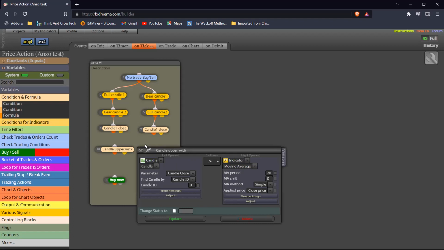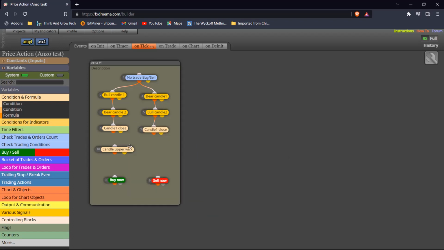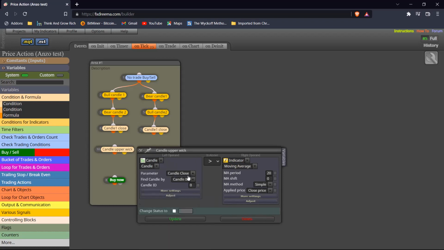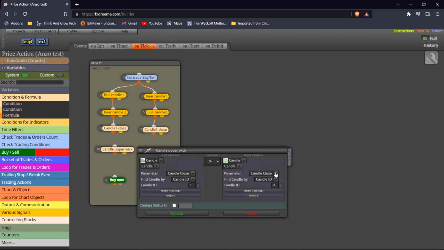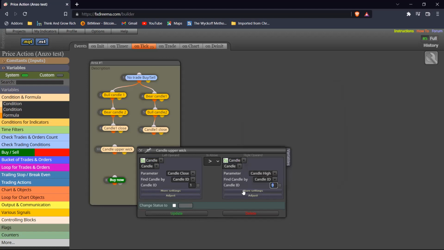Notice here, we're looking at candle one's close being greater than candle two's open, right? So now we're also going to make sure that candle one's close is also greater than candle two's high. So candle high, make sure this is candle two, right?